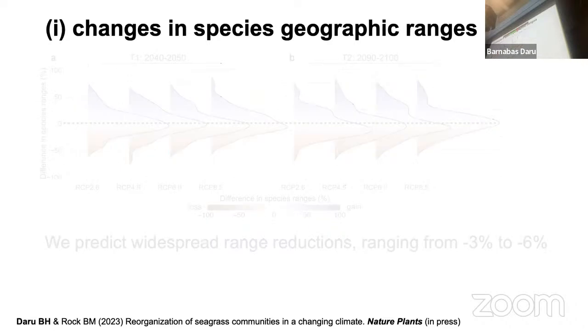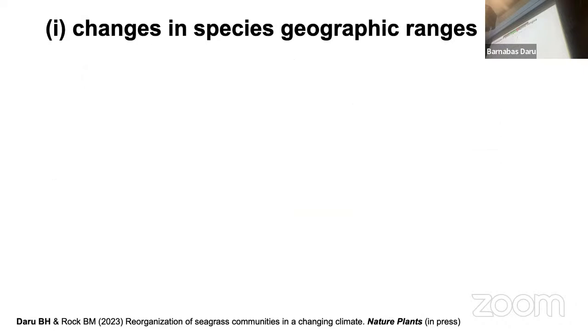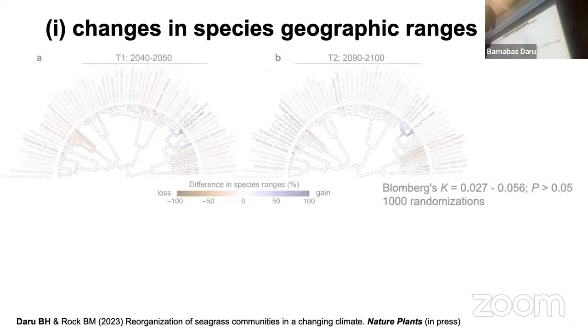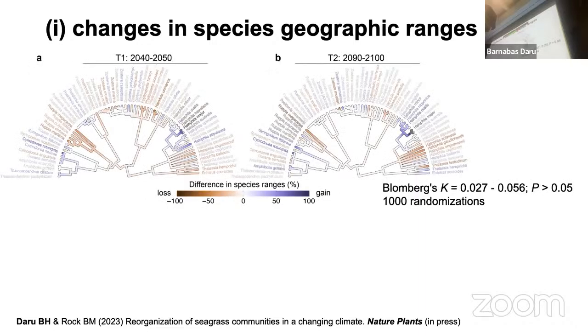So to understand if these patterns of change in species range sizes are phylogenetically patterned, we also map these predicted range changes onto the phylogenetic tree of all the seagrass species for both the mid-century scenarios in 2050 and end of century scenario in 2100. Again, warmer colors correspond to losses and cooler colors correspond to range gains.